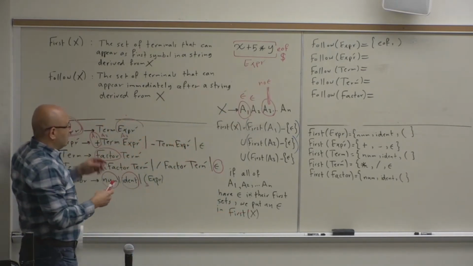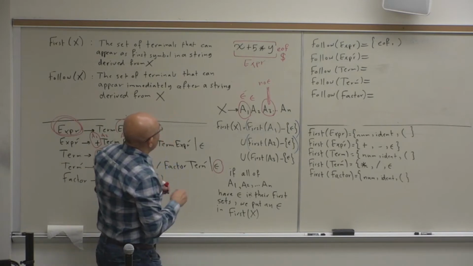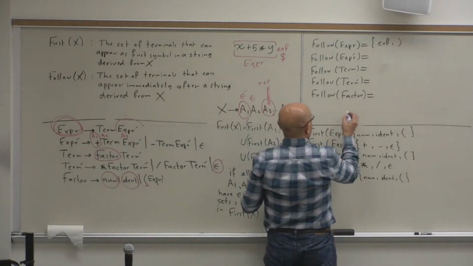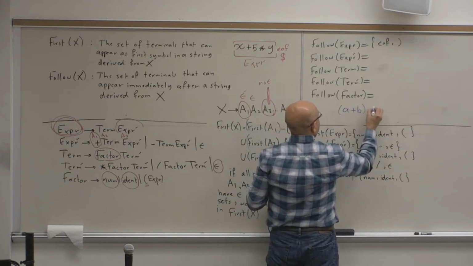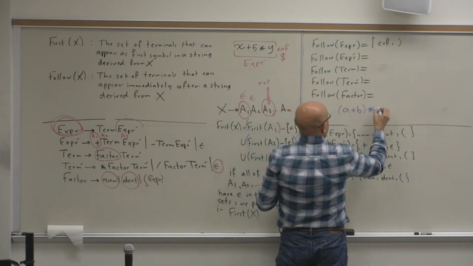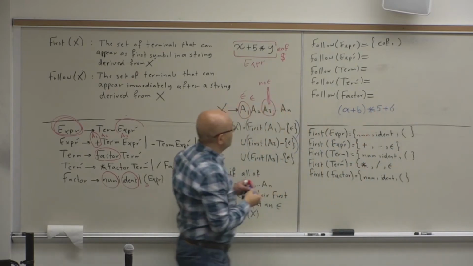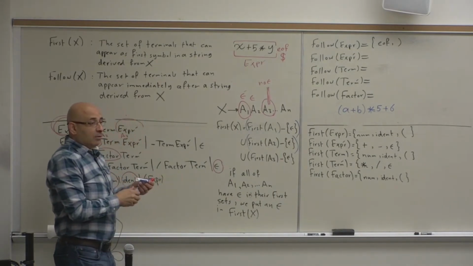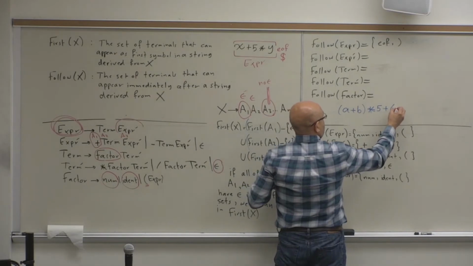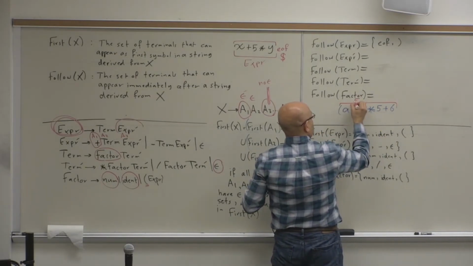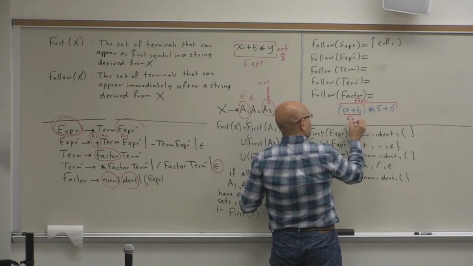To understand this, consider this example. If you have something like A plus B times 5 plus 6, when you derive this, the whole thing is going to be an expression. But this is also another sub-expression within the expression.